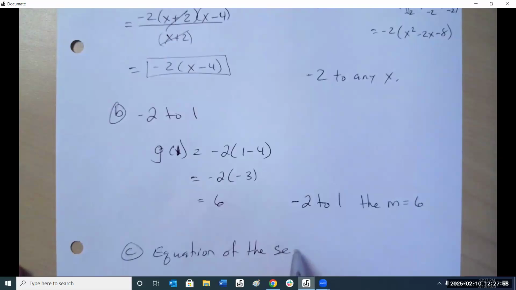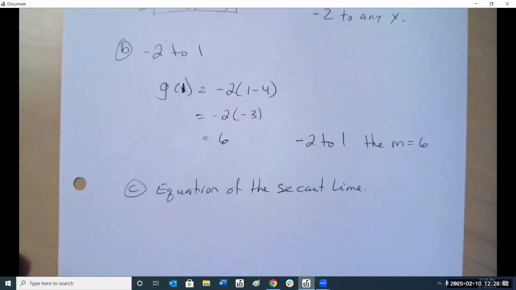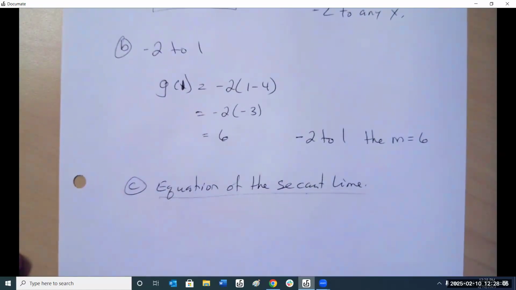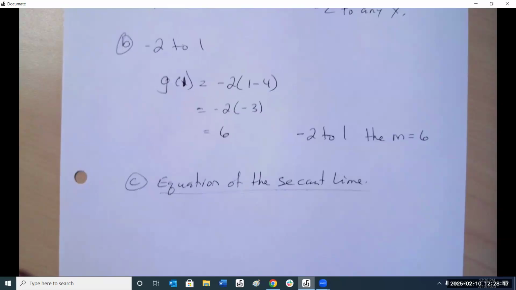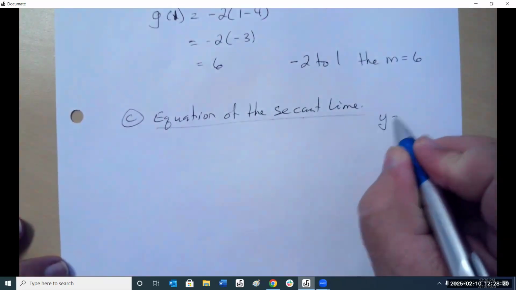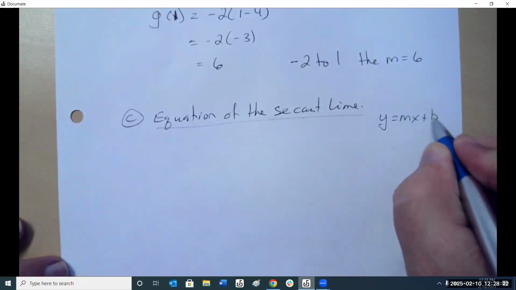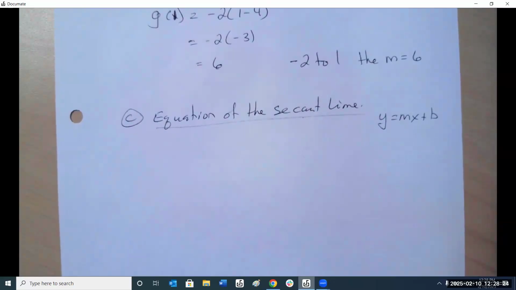Now, the third thing I'll ask you is the equation of the secant line. It's the same we did in algebra, finding the equation of a line. How do we find the equation of a line? What do you have to have? 2 points. So basically what we're looking for is the equation of the line.